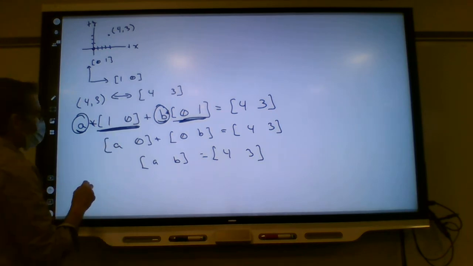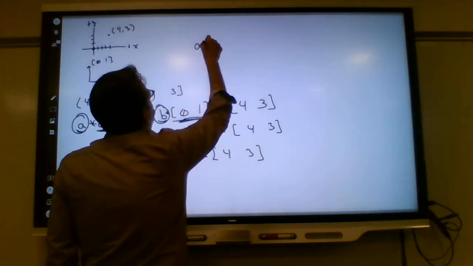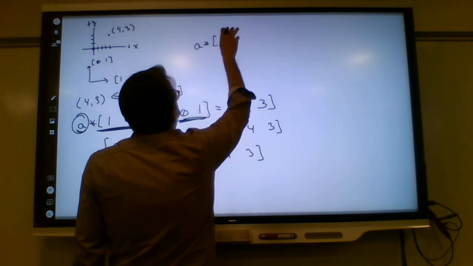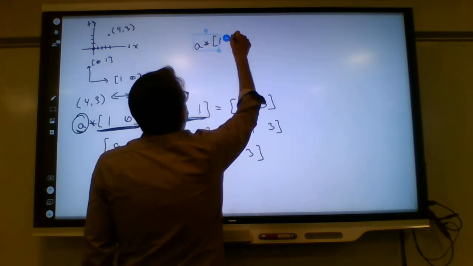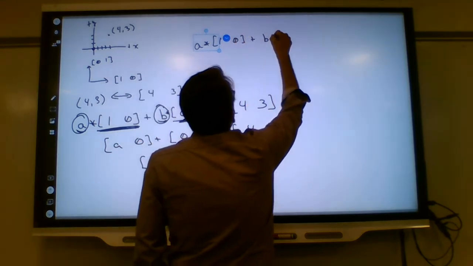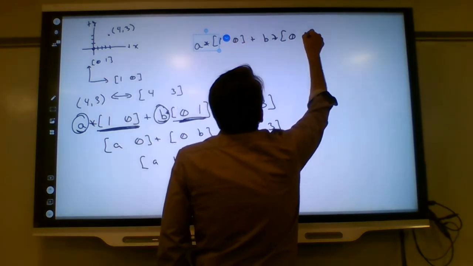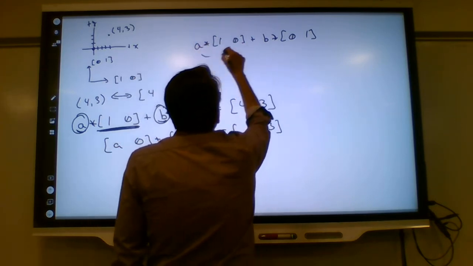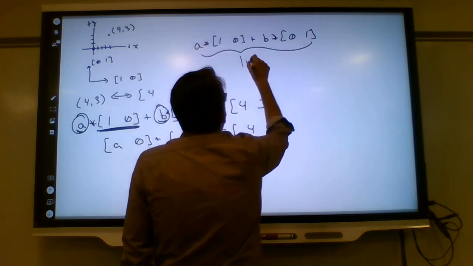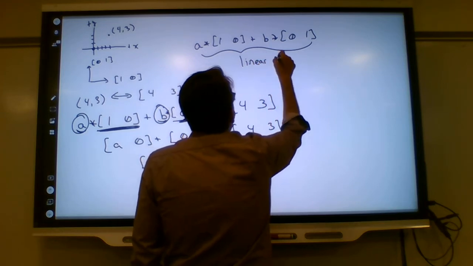And so this idea of a number times a vector plus another number times another vector, this is called a linear combination of vectors.